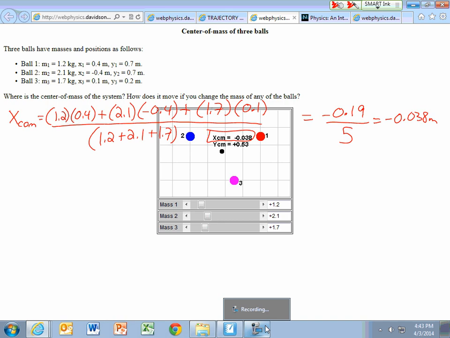You could do the same thing for y. You have 1.2 times 0.7 plus 2.1 times 0.7 plus 1.7 times 0.2 divided by 5 kilograms.